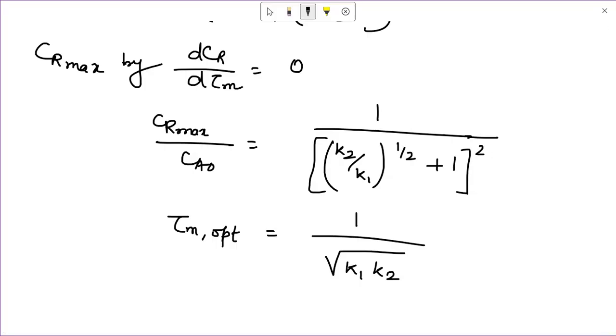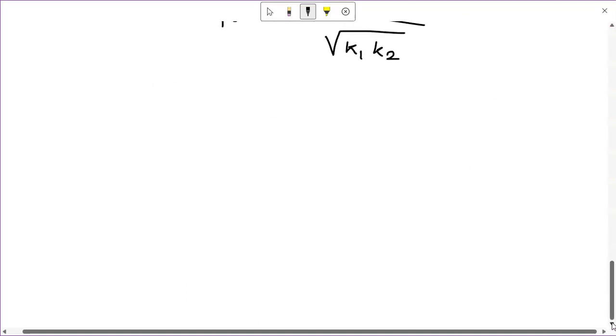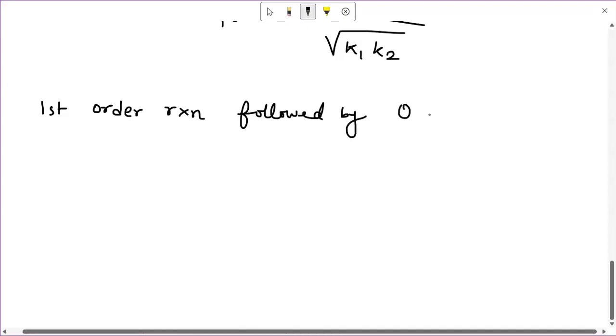So I am just enlisting the formulas for series reactions. Now let us take one special case. I am considering a first order reaction followed by a zero order reaction. Okay. So A gives R gives S.